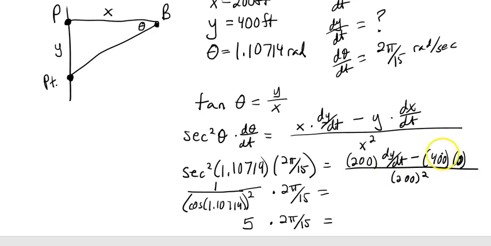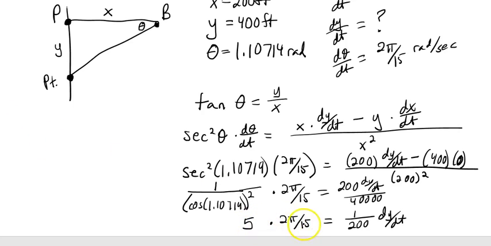Now, over here on this side, obviously 400 times 0 is 0. You end up with 200 dy/dt over 200 squared. And you can reduce that to 1 over 200 dy/dt. And I'm out of room, so I'm going to come over here.